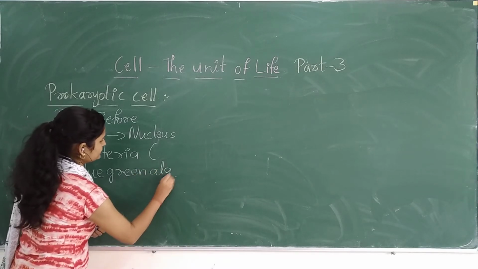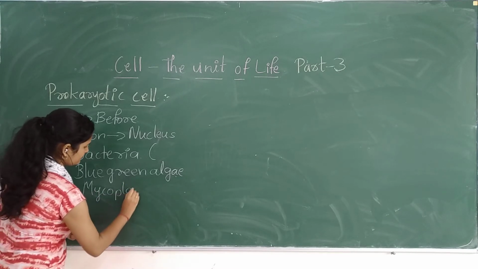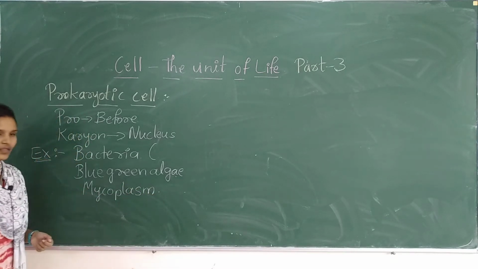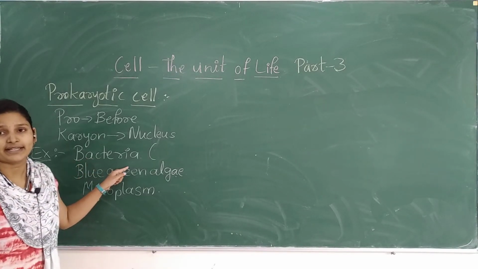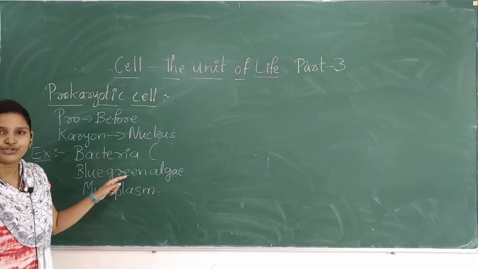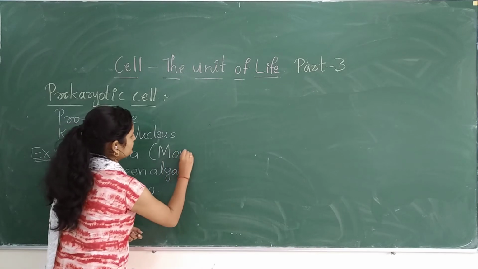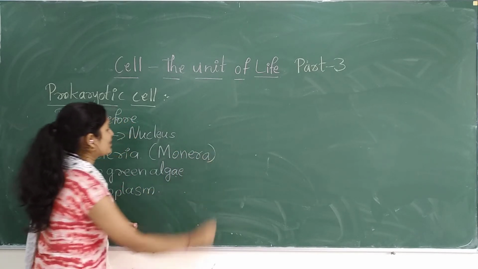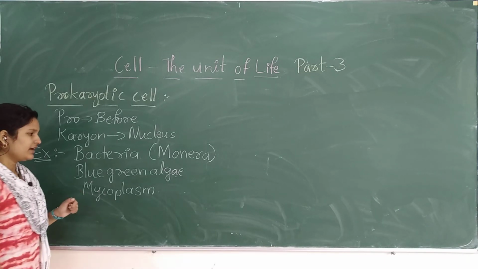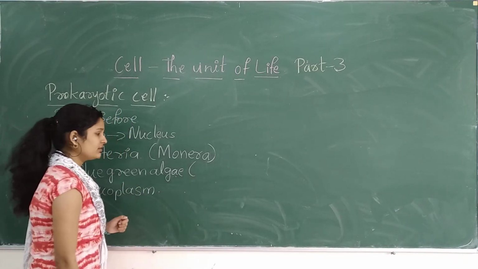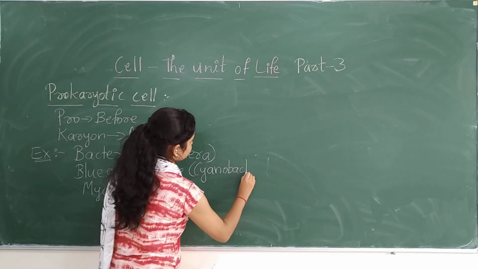Mycoplasma. Remember, bacteria is a unicellular organism which we call Monera. I hope you have studied Monera, Protista and everything. And blue green algae we call cyanobacteria.